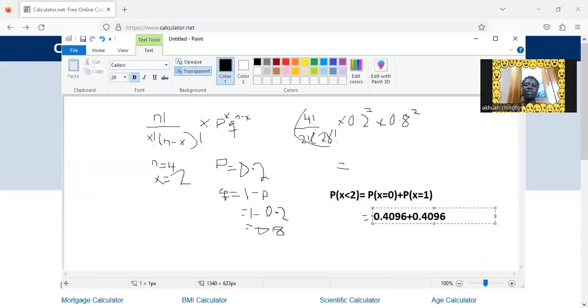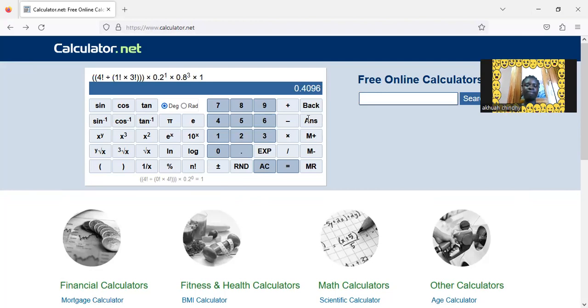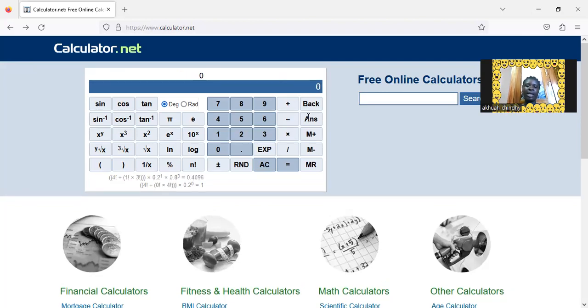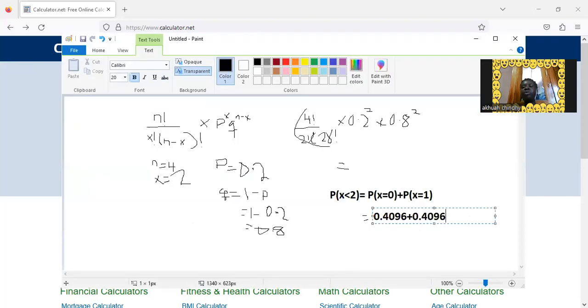So let's look for our answer. If you want to know, you can multiply one of them by 2 and you know the resulting answer.